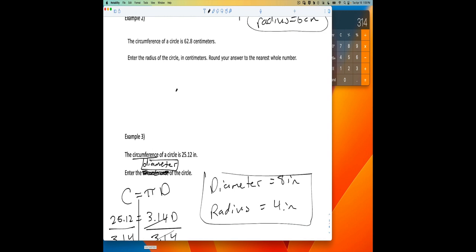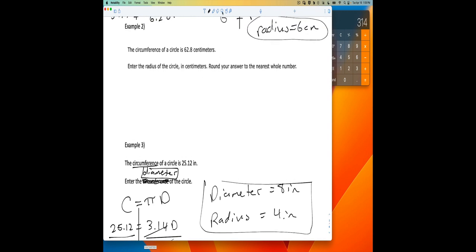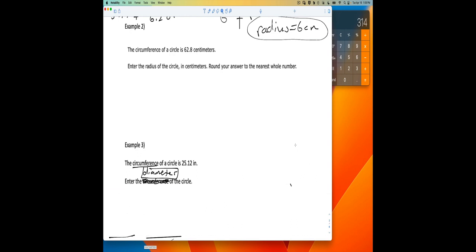Jersey. The circumference of a circle is. Okay, I'm going to underline circumference, thinking in my head, working backwards. Keep going, Jersey. Cool. Write the equation. And start plugging stuff in.